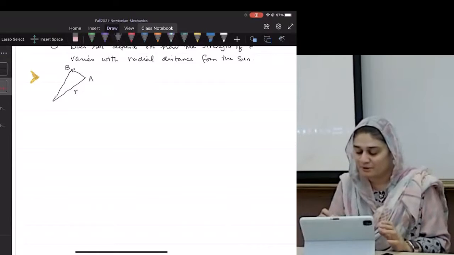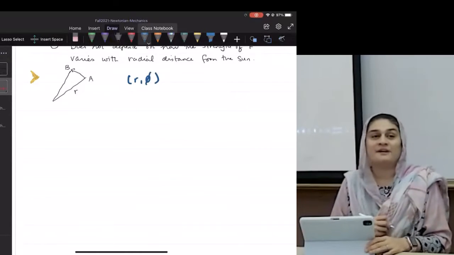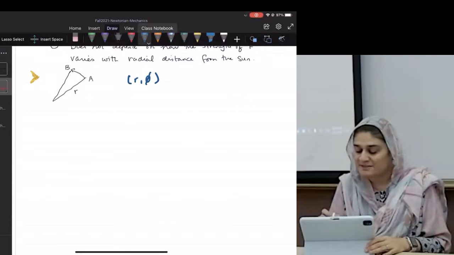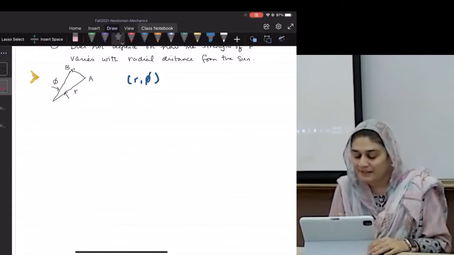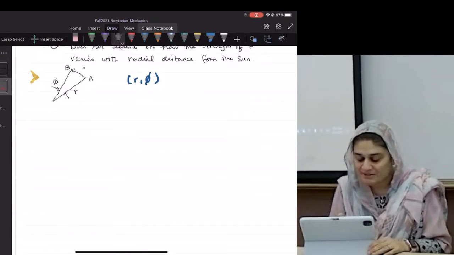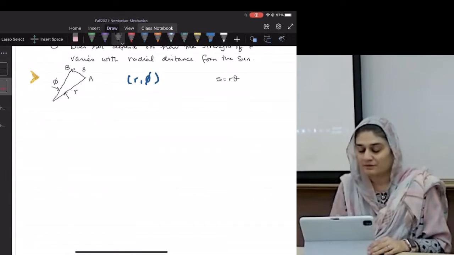Anyone remember what polar coordinates were? Like R and phi. So that means if this is my R, that angle should be phi. And can I call this distance S? Remember S equals R theta, or phi?